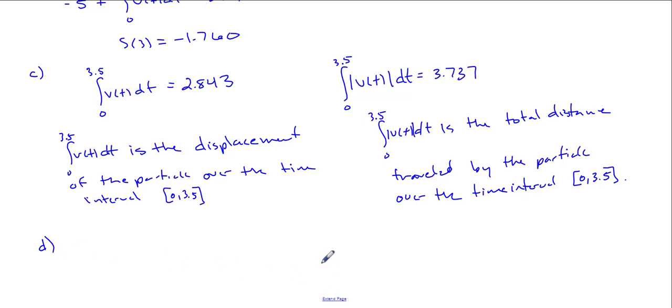A second particle, of course, there's always a second particle, moves along the x-axis with position given by a position function. That might mean they're going to ask us about position or velocity. At what time are the two particles moving with the same velocity?